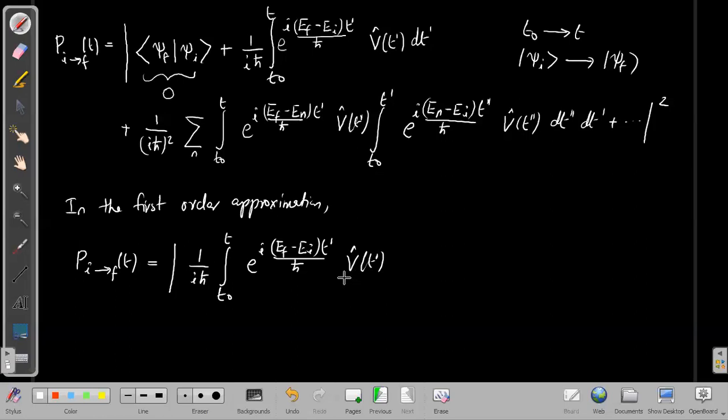Okay, sorry, we have forgotten the inner product here, so there should be an inner product all over the places. So that means there should be an inner product here itself. It should be inner product psi f V t prime psi i dt prime, and here also there must be an inner product.